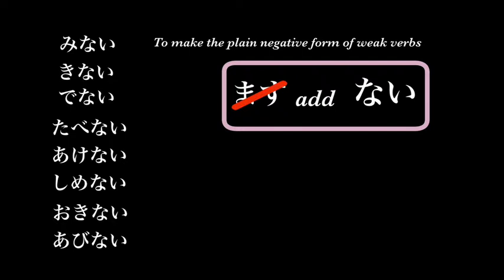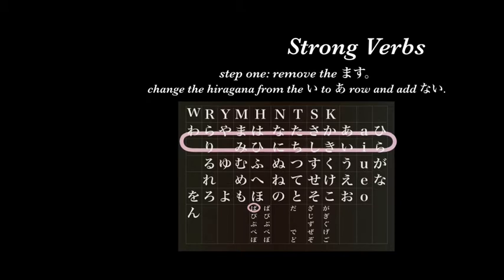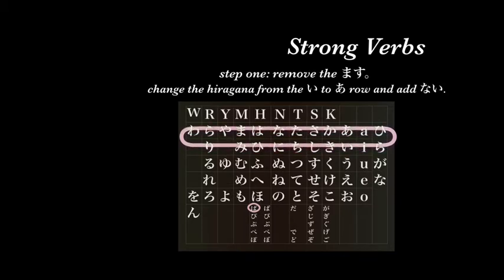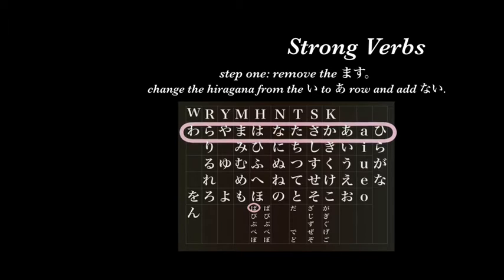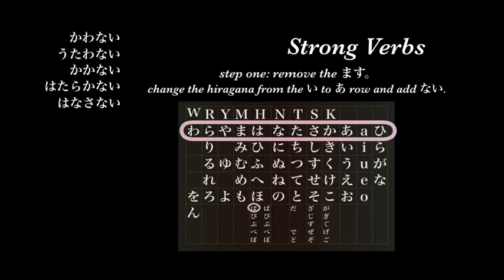Remembering in the strong verbs, we need to change from the I row after removing the masu, going up to the A row, and then adding nai. For example, kaimasu would become kawanai, utaimasu, utawanai, kakimasu, kakanai, hatarakimasu, hatarakanai, hanashimasu, to speak, hanasanai, not speak, tachimasu, tatanai, machimasu, matanai.